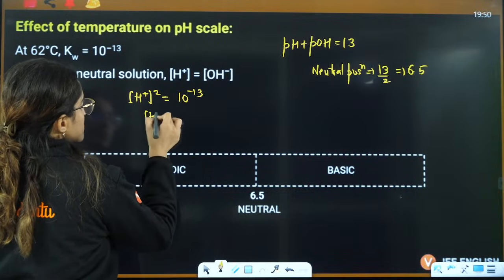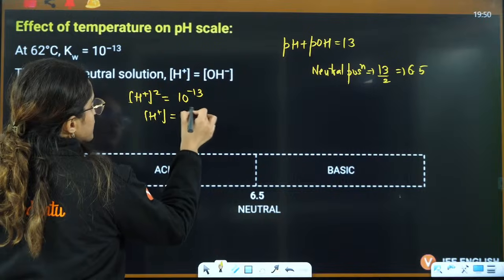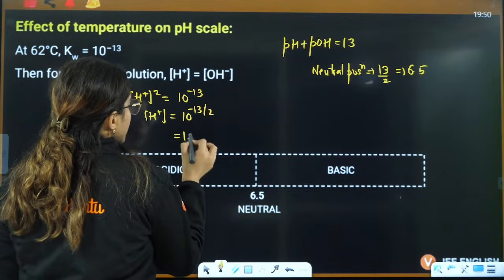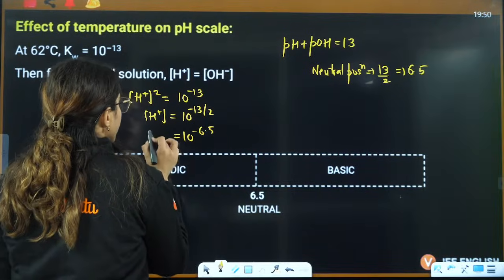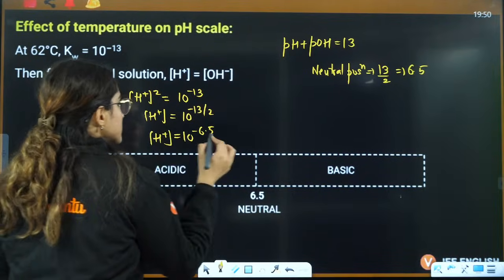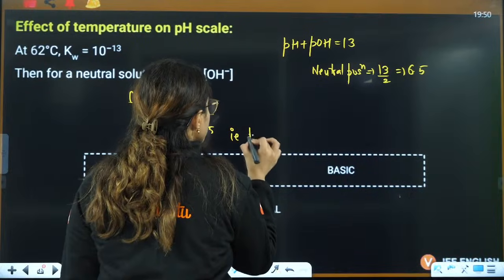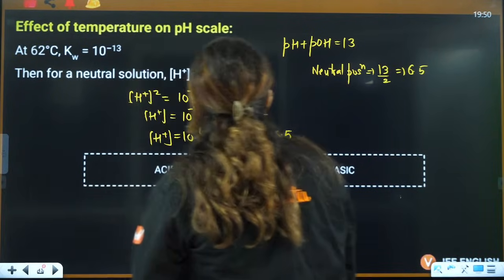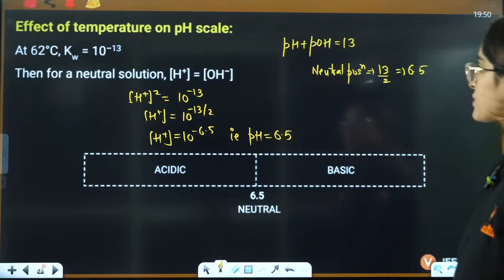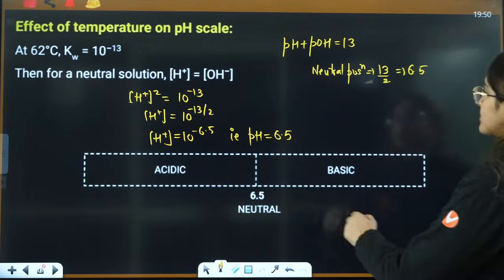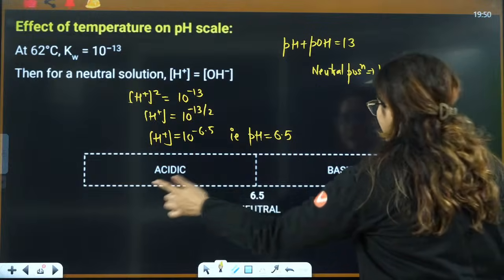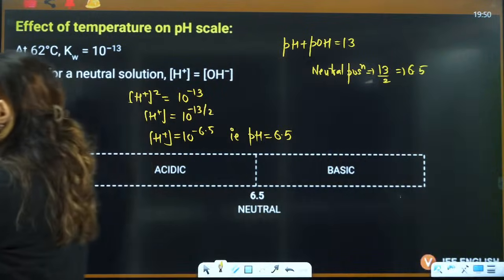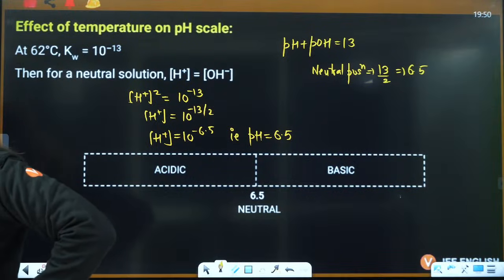So H positive is equal to 10 raised to power minus 13 by 2, that is 10 raised to power minus 6.5. So if H positive is this, it means pH is going to be 6.5. Okay? That means the pH scale is total 0 to 13.